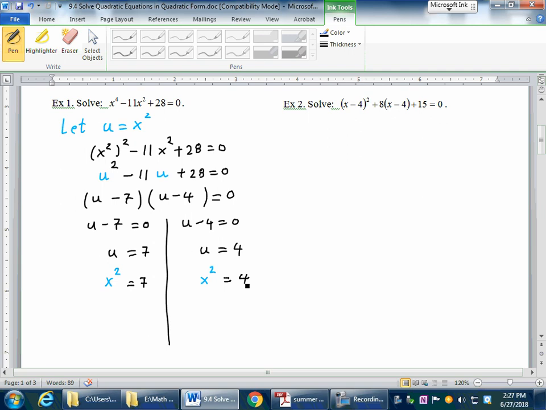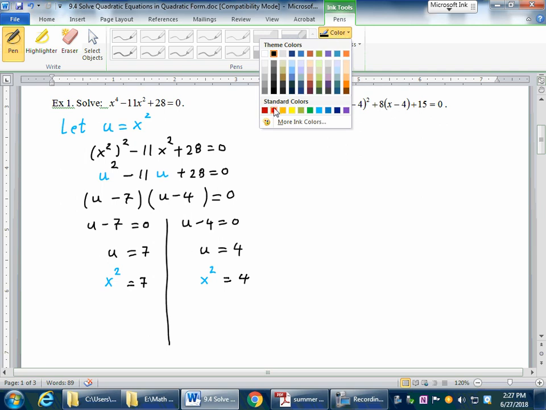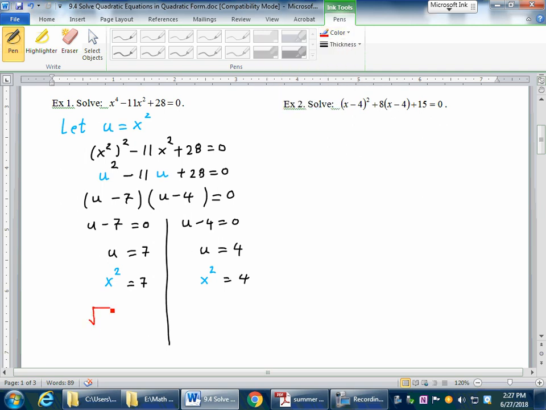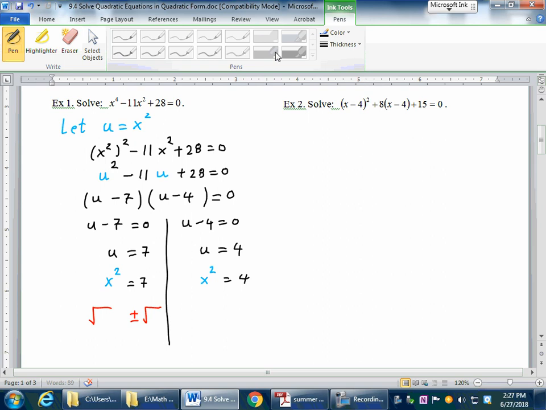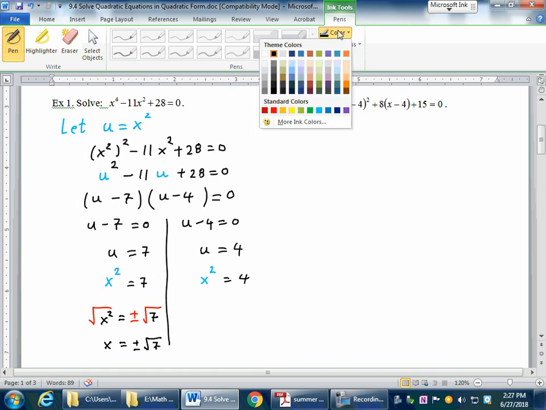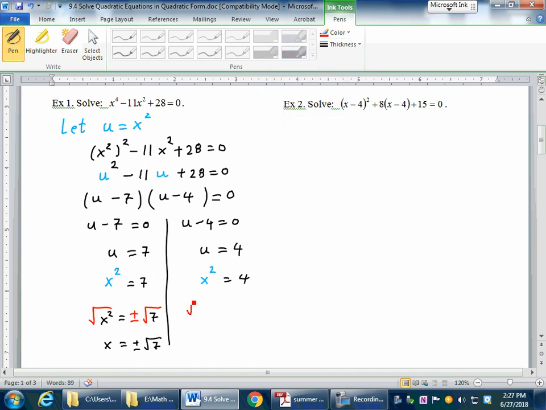Now the square root property is applicable, so I'm going to take the square root on both sides. And don't forget the plus or minus sign. This gives me the square root of x squared is equal to plus or minus square root of 7. So therefore x is equal to plus or minus square root of 7. So that's my two solutions. Then on the other side, take the square root on both sides, and don't forget the plus or minus sign.